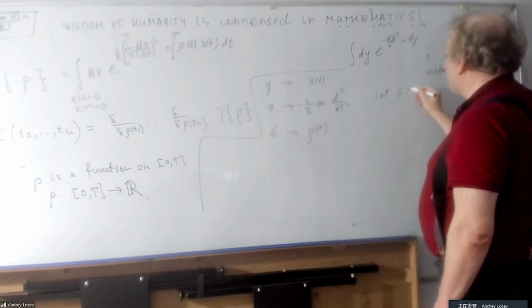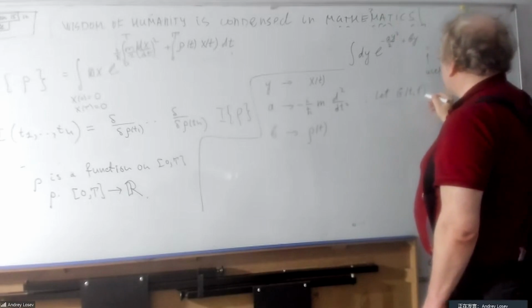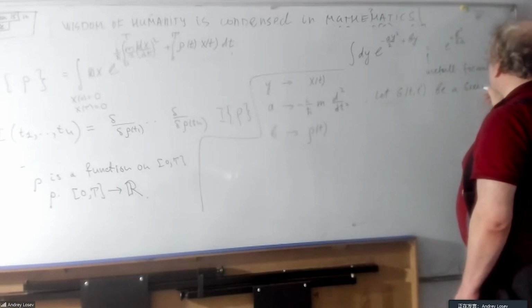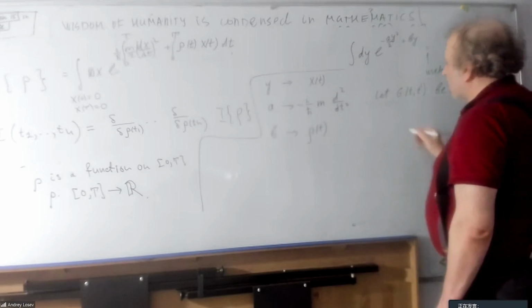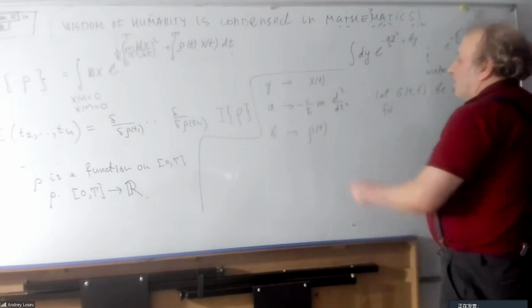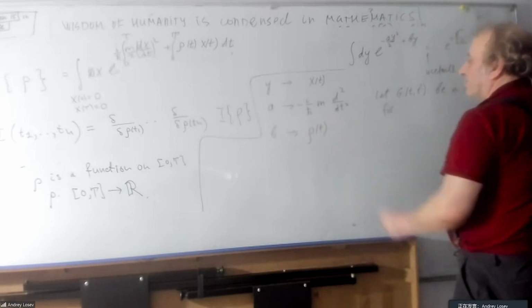Let G of t t prime be a Green's function for this operator.